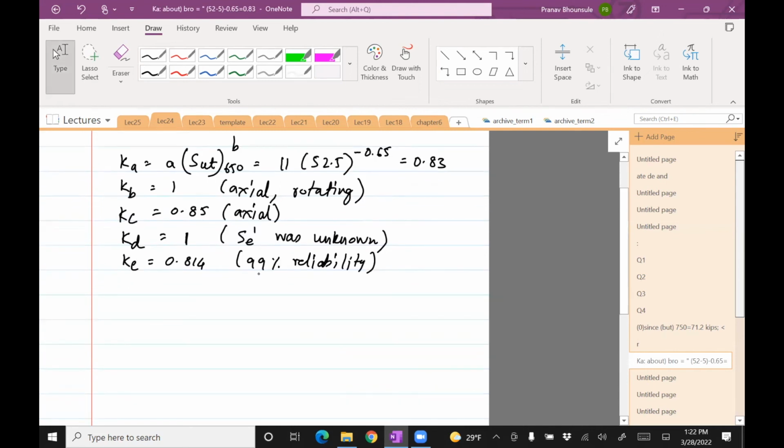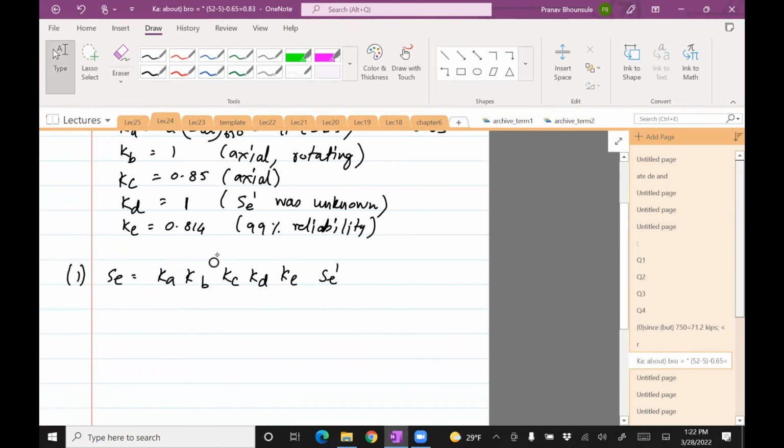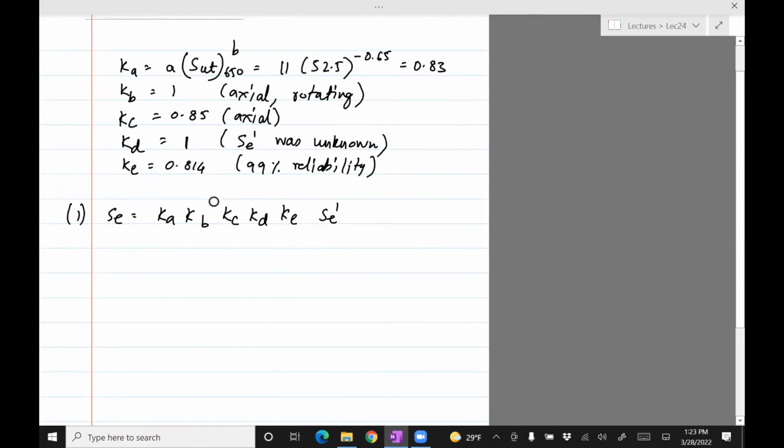Okay, now we are ready to compute the first part, which is SE. It's KA, KB, KC, KD, KE, SE prime. So that's 0.83, 1, 0.85, 1, 0.814, and SE prime is 52.5.